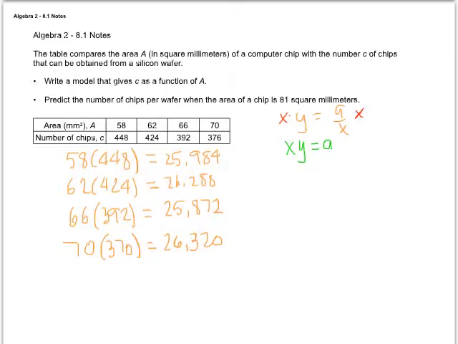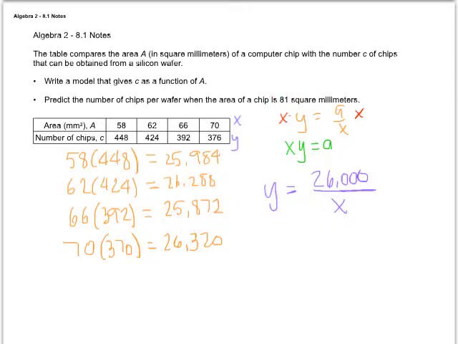Okay, so what does my inverse variation model look like? Well, my model for this is y equals 26,000 divided by x. Well, what is y? Y is the number of chips. What is x? X is the area of each chip. So the question then is the number of chips per wafer when the area of the chip is 81.